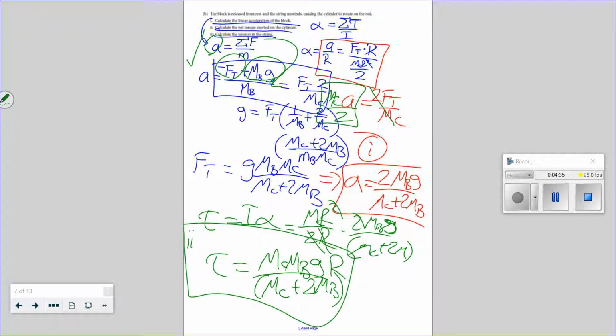All right. Correctly substituting into the rotational form. I have wrote the rotational form, so I'm attempting it. Force of tension, I think that's that F. Oh yeah, F R perpendicular, that's from the equation sheet. And then I have T for tension times capital R equals I alpha.